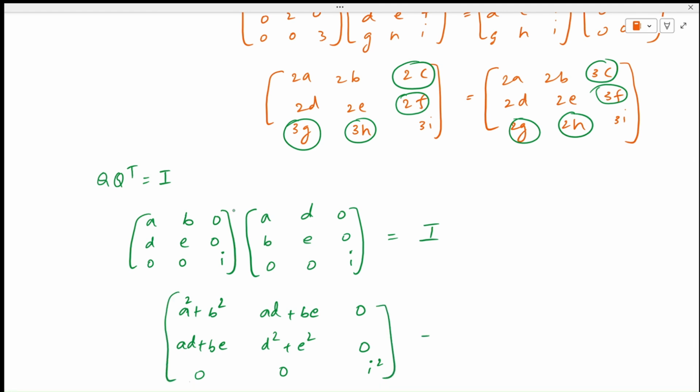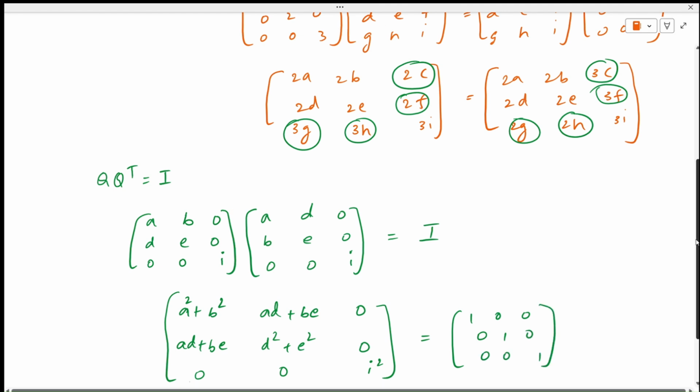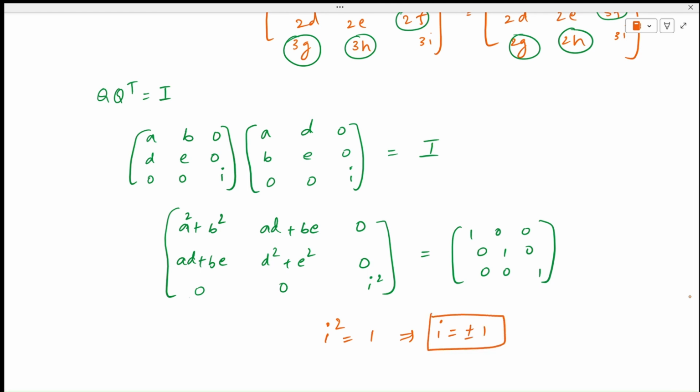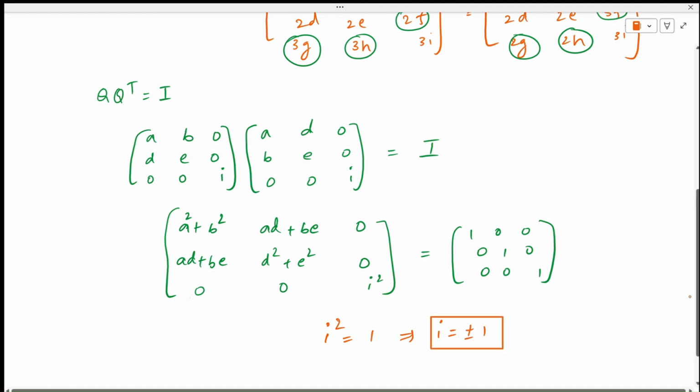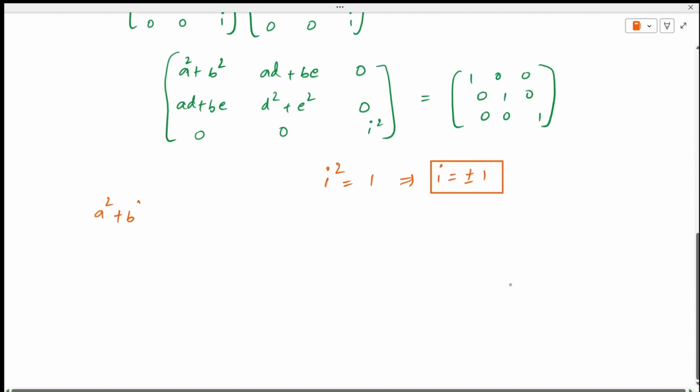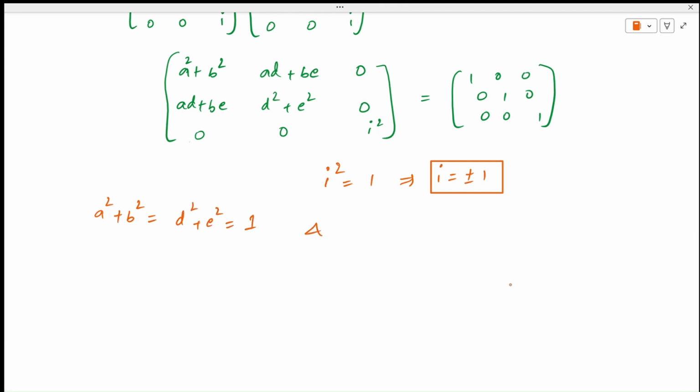Since this is equal to the identity matrix, which is 1, 0, 0, 0, 1, 0, 0, 0, 1, we can clearly say that I square is equal to 1. That means I is equal to plus or minus 1. What else? We can say that A square plus B square is equal to D square plus E square equal to 1, and AD plus BE is equal to 0.